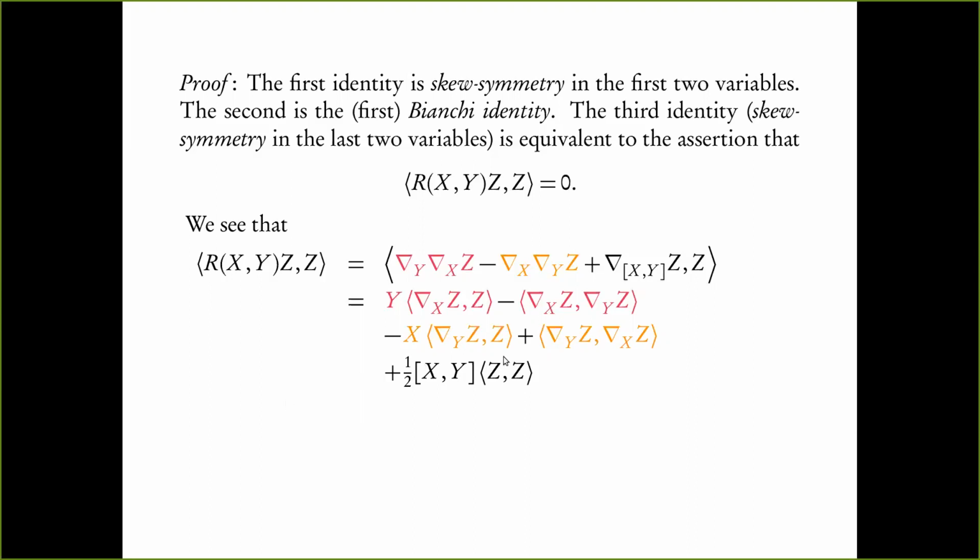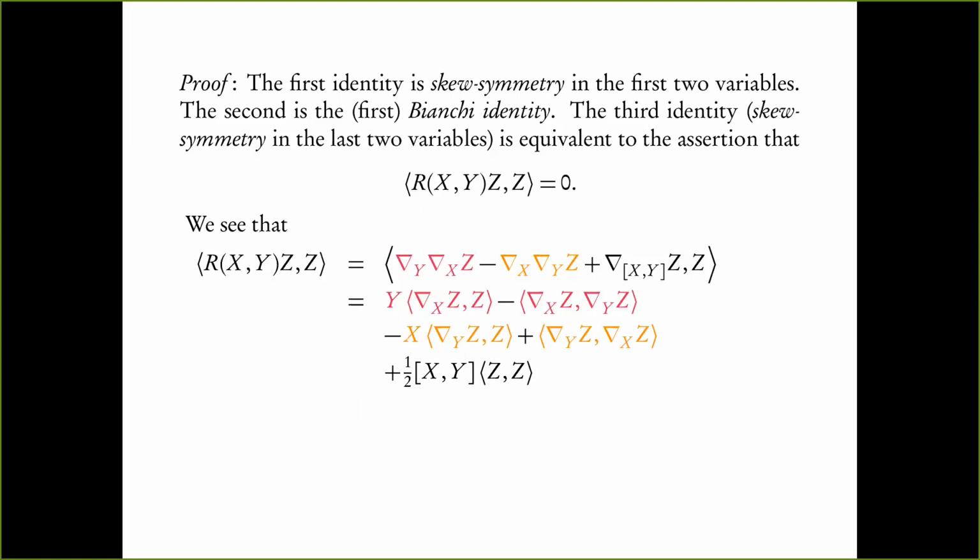But before I do that, you should note that these two terms cancel because they come with a minus sign, and because of the symmetry of the Riemannian metric, you can switch these two and then they cancel. Okay? So you're left with three terms. One of them looks like this, the other one looks like this, and the other one looks like this. They all look like a vector field acting on a function.